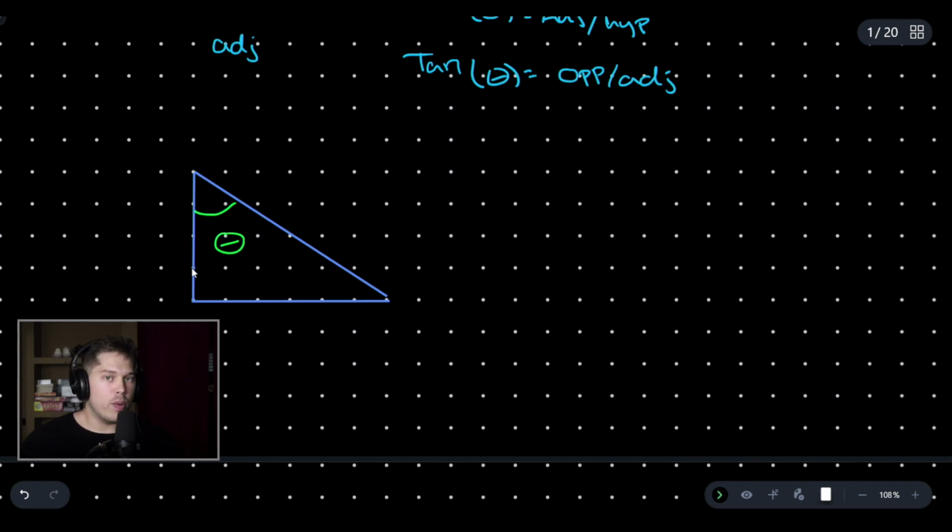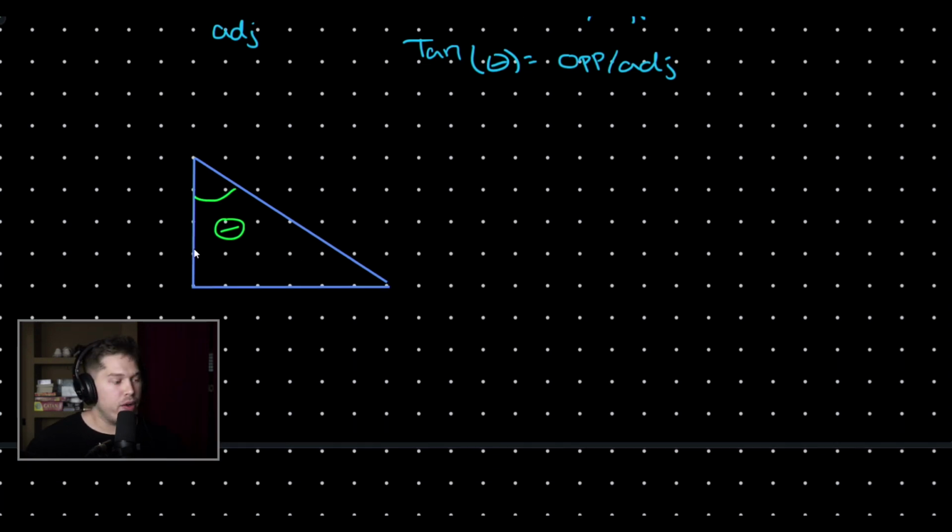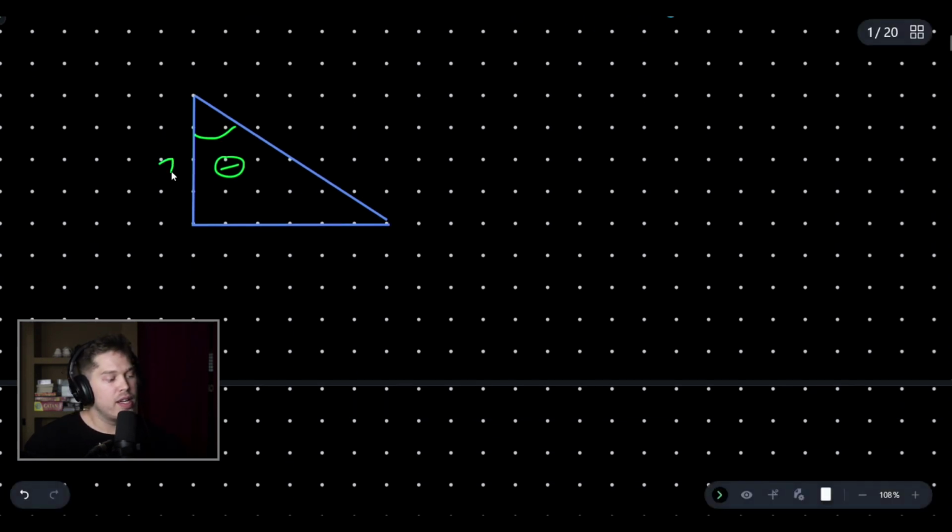I want to know the sine, cosine, and tangent of theta. So what do we need to remember? Of course, we need to remember SOHCAHTOA to help us solve this problem.